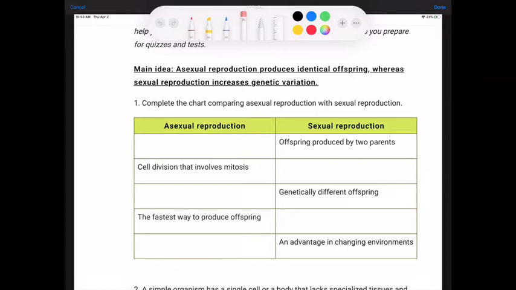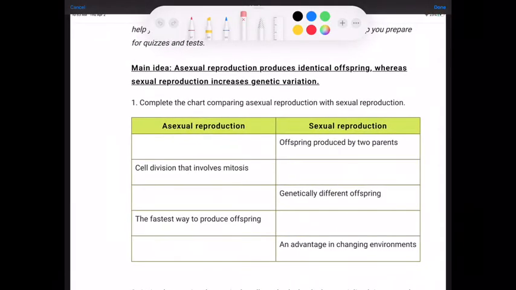So this chart here is comparing asexual and sexual reproduction. Sexual reproduction, it's telling us, is offspring are produced by 2 parents. With asexual reproduction, offspring are produced by 1 parent.